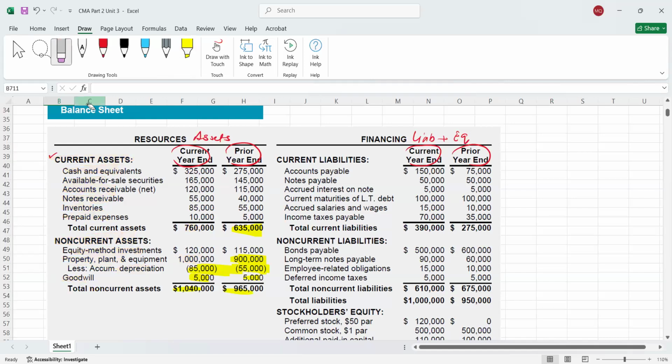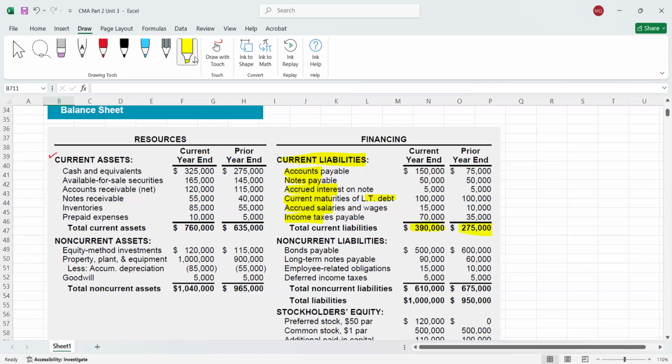Now on the other side, we got first current liabilities, for example, accounts payable, notes payable, interest payable, accrued interest, current maturities of long-term debt which is payable within 1 year. That's your current liabilities, accrued salaries, income tax payable. These are your current liabilities, with the total current liabilities for the current year, and this is for the last year.